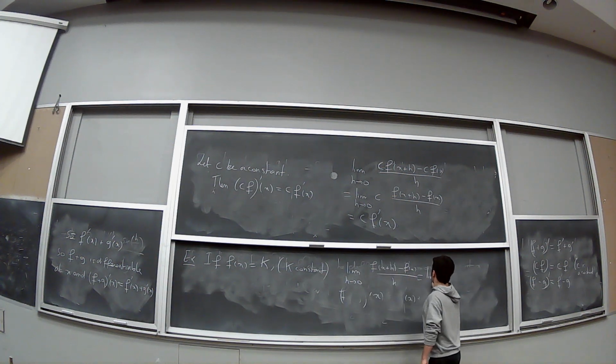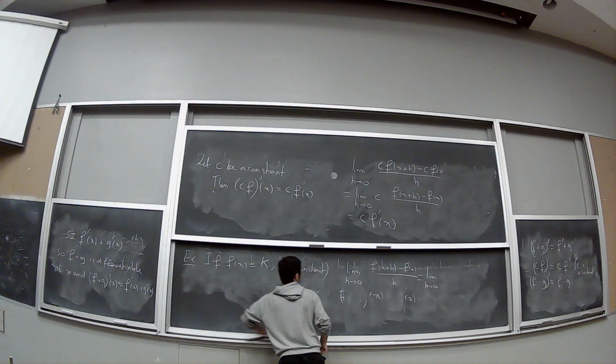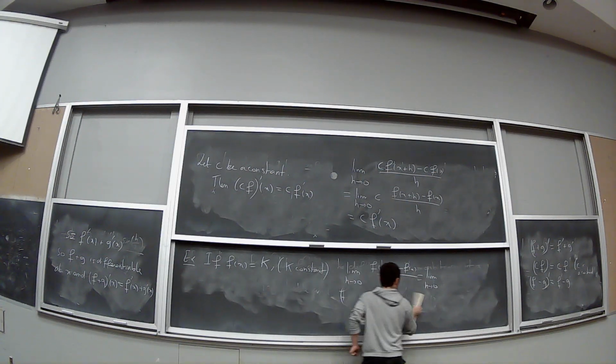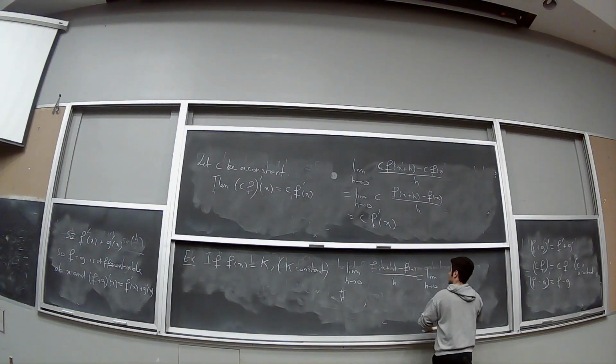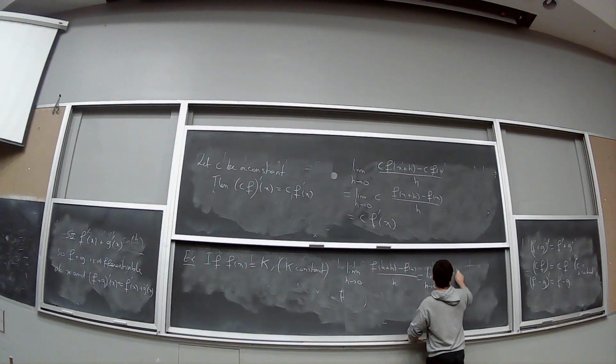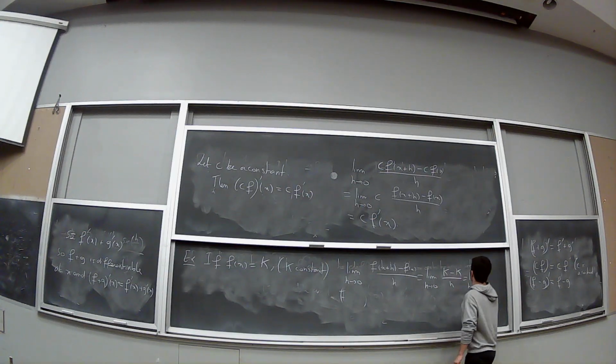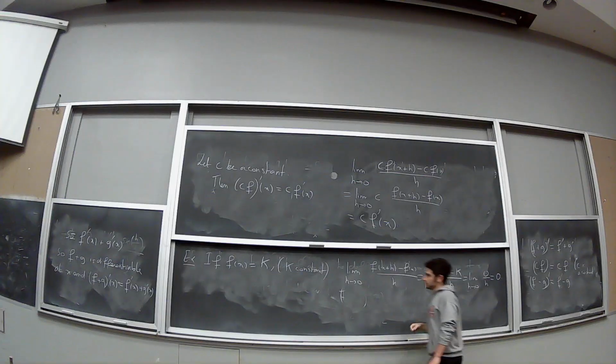If f of x is k for all x, then f of x plus h is k, so this is just k minus k over h, which is the limit as h goes to 0 of 0 over h, which is just 0.